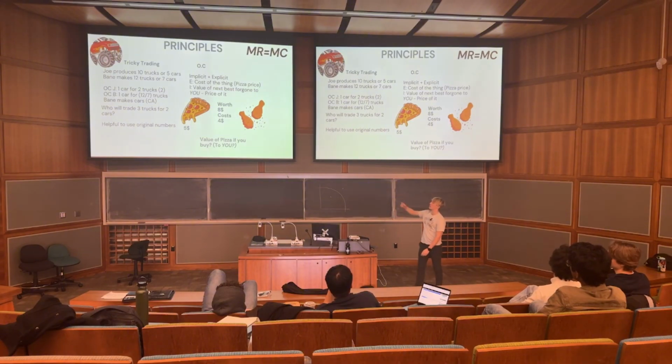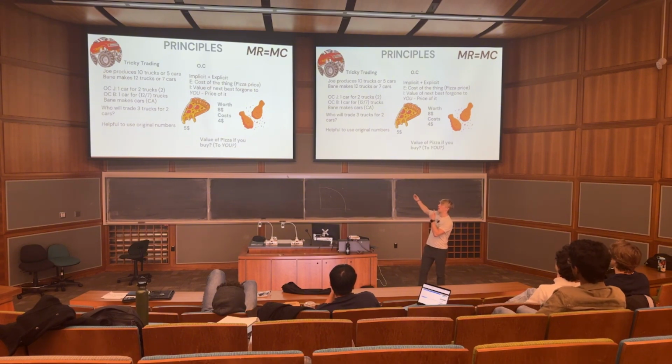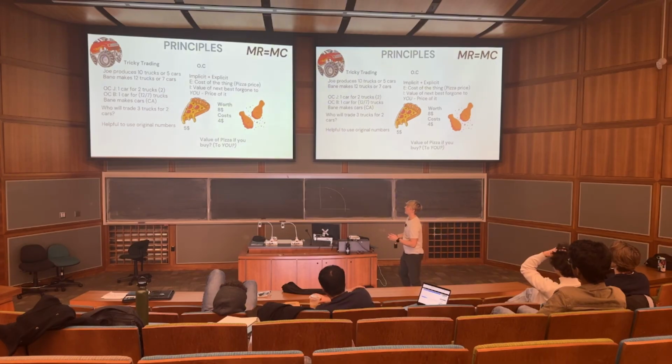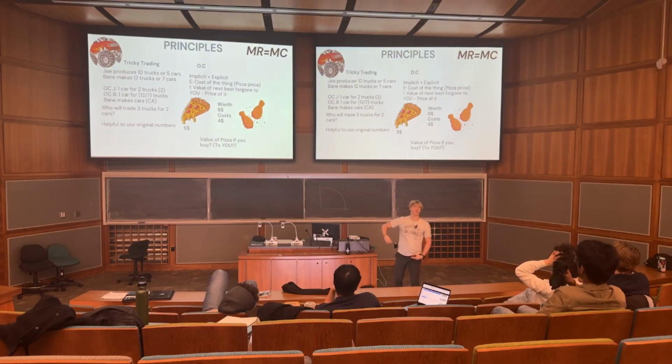So suppose Joe produces 10 trucks or 5 cars. We're not given time, we're given items. But Bain can make 12 trucks, or 7 cars, right? So the opportunity cost for Joe, let's say, he could produce 5 cars or he could produce 10 trucks. That's just a fraction, right? So his opportunity cost would be 2. And then for Bain, it's the same thing, but this is a little more tricky because it's a fraction.